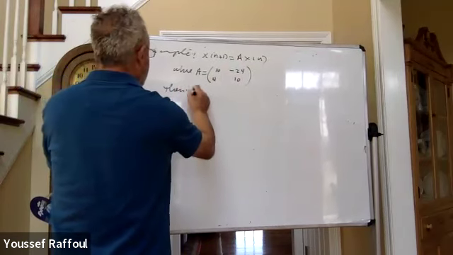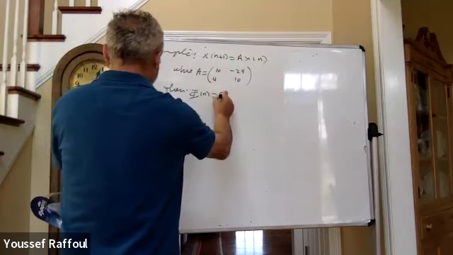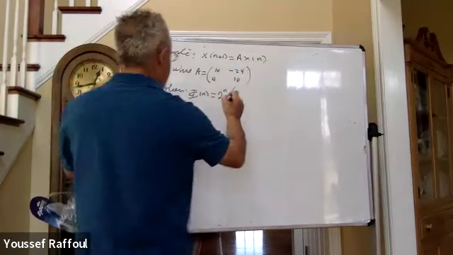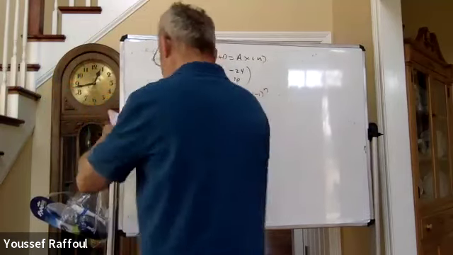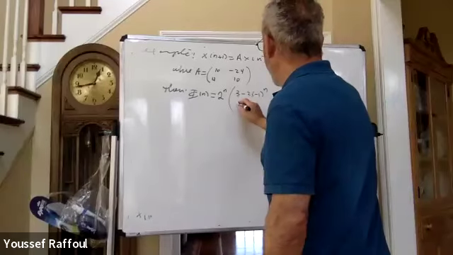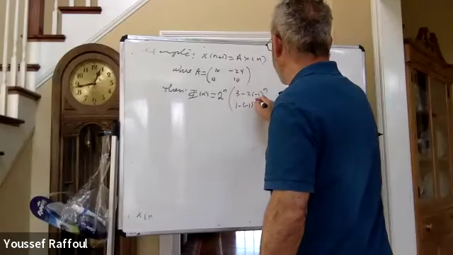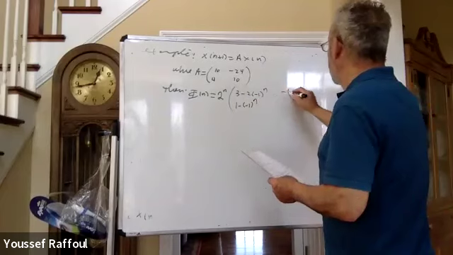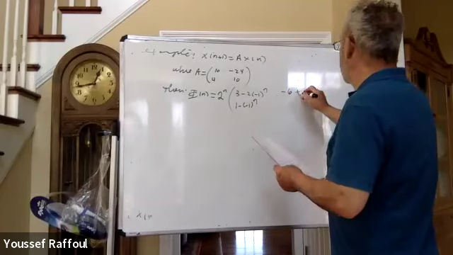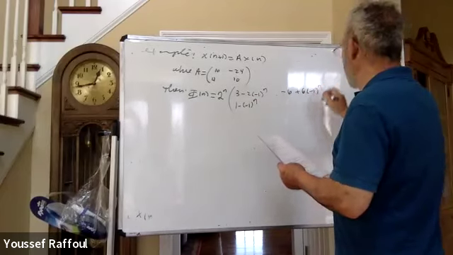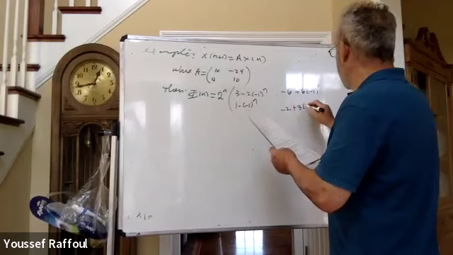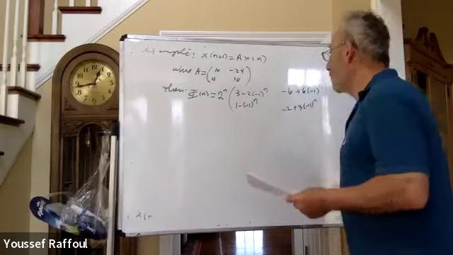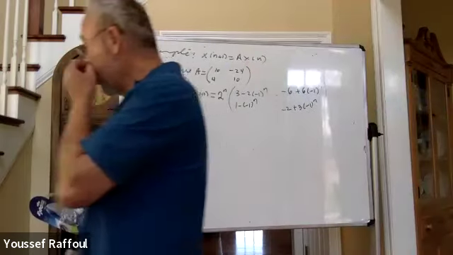Then phi n is 2 to the n, 3 minus 2 times minus 1 to the n, 1 minus minus 1 to the n, minus 6 plus 6 times minus 1 to the n, minus 2 plus 3 times minus 1 to the n.